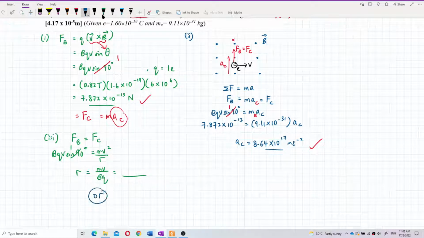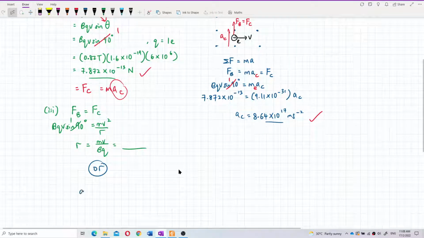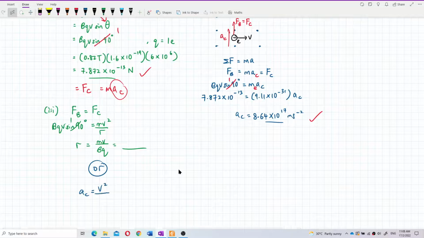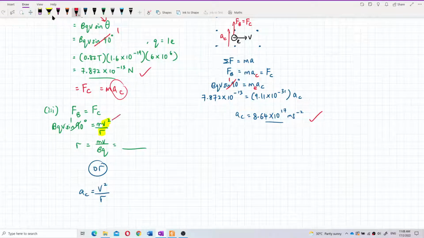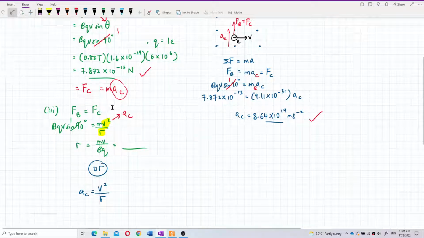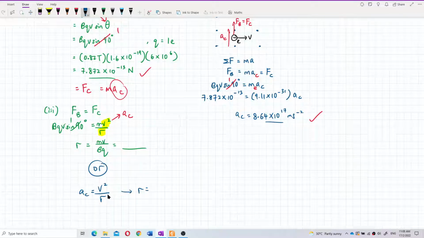You can also use AC equal to V square over R. Here in MAC, AC is V square over R. So you can also find the radius from here: your radius is V square over AC.